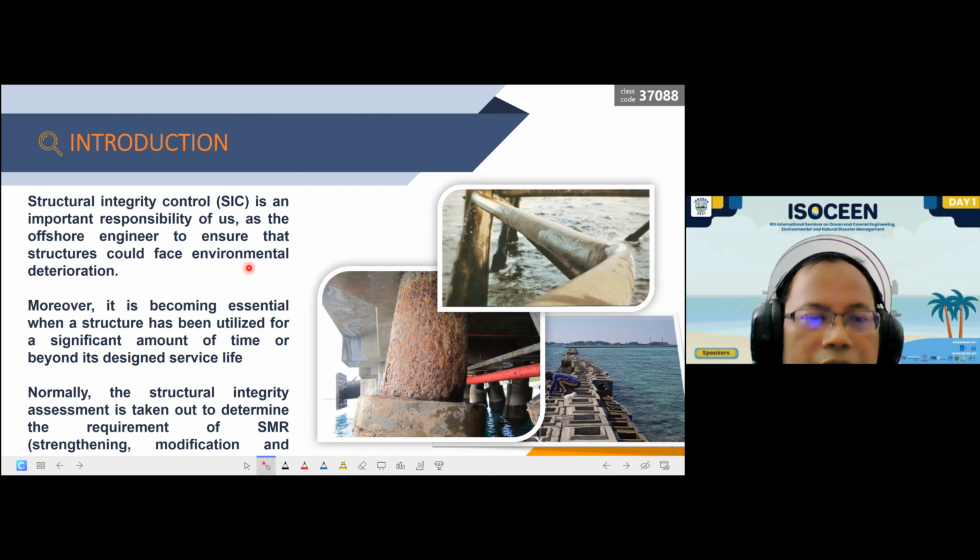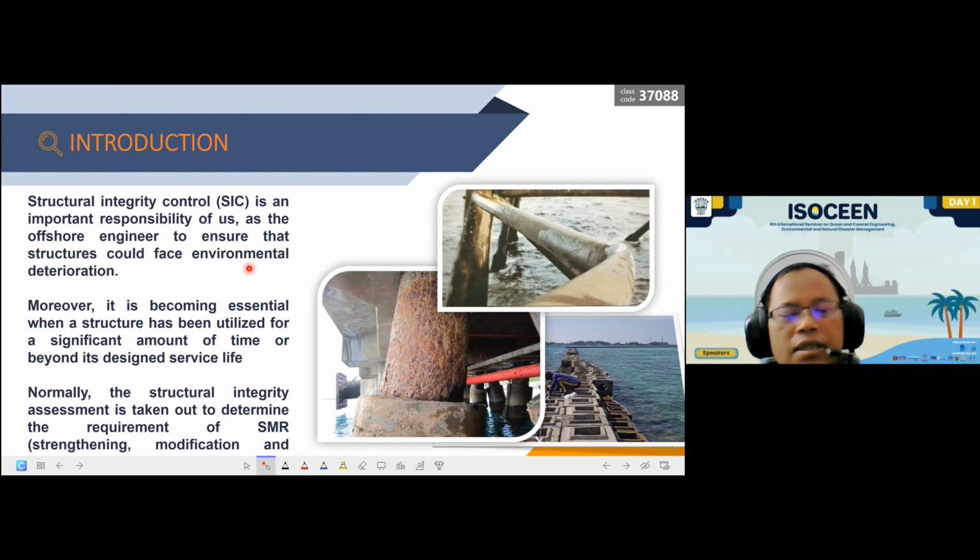So as ocean engineers, we are responsible to contribute our knowledge to solve the problem of damaged marine structures.